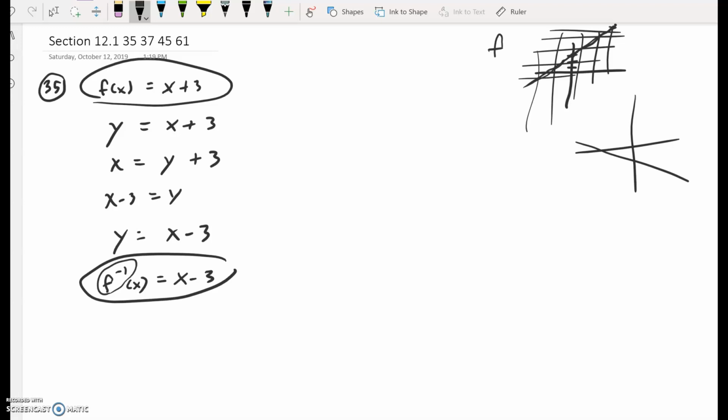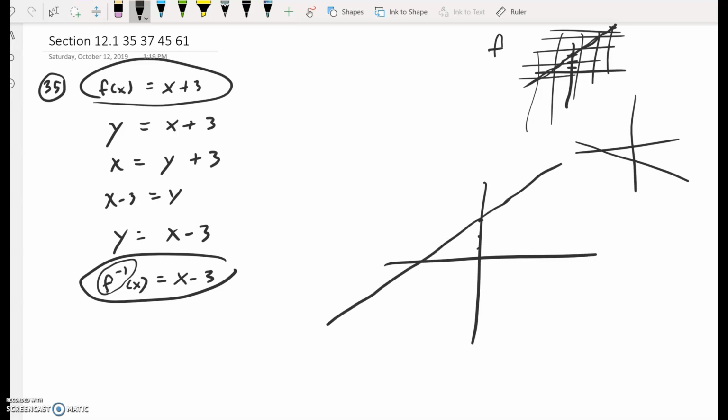And we know something about inverses. If this is the graph of our original function, something like this, and this is the graph of our inverse function, something like this, we know that if we graph a function and its inverse, here's the function, here's its inverse, there should be symmetry around the y equals x line.